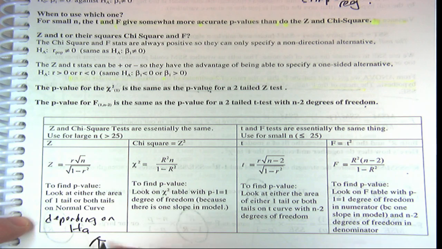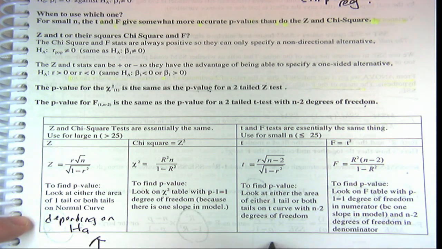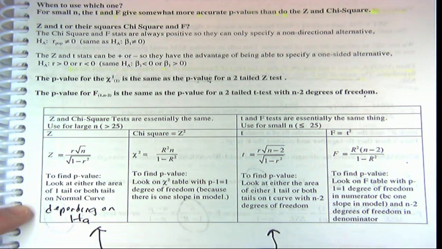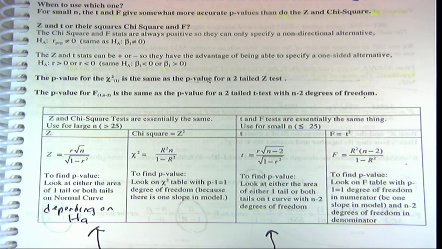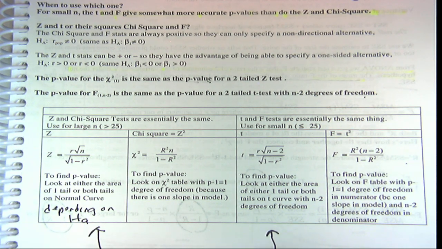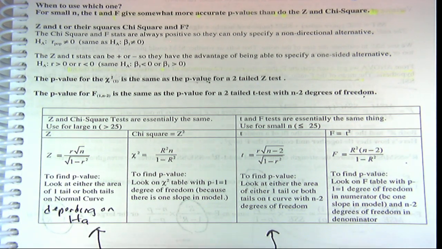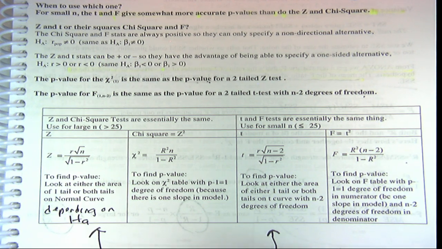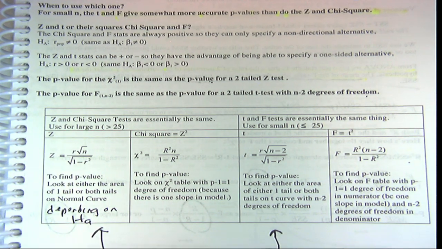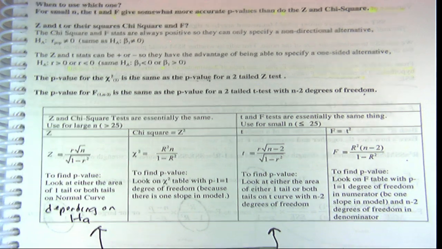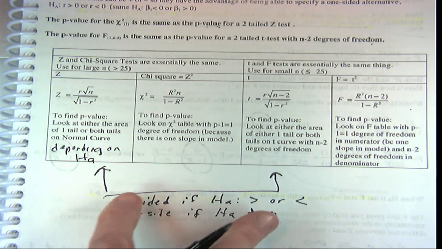For these two, you can use one-sided if your alternative is greater than or less than, and two-sided if the alternative is not equal to 0.